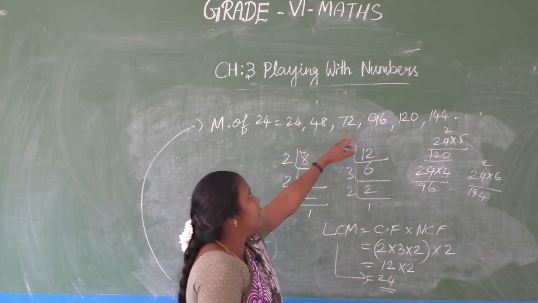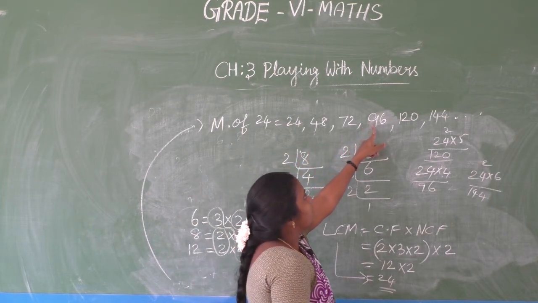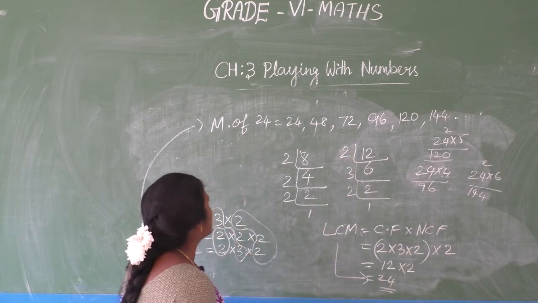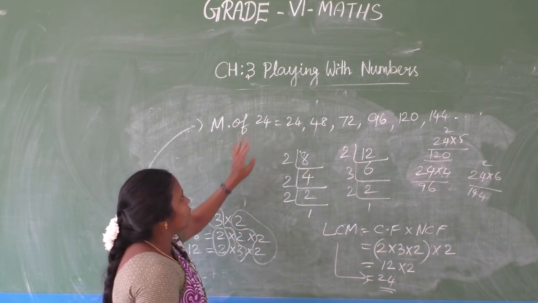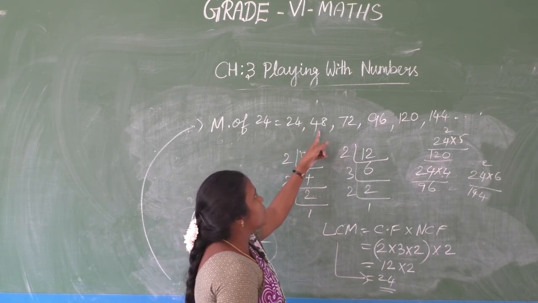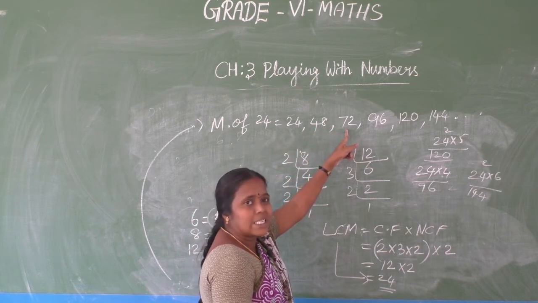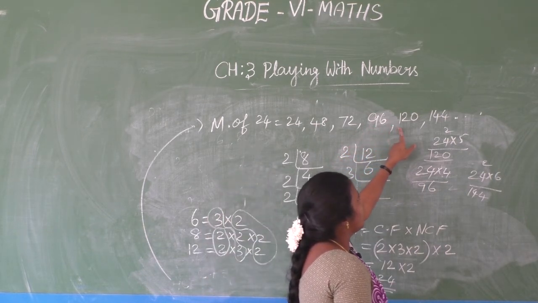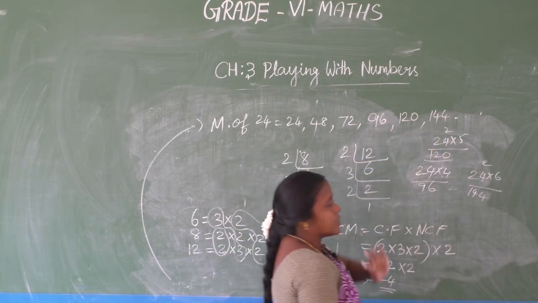See, here instead of multiplying 24, I had taken 72, that's why there was a little confusion. Clear? So multiples of 24 are: 1 24 is 24, 2 24s are 48, 3 24s are 72, 4 24s are 96, 5 24s are 120, etc.